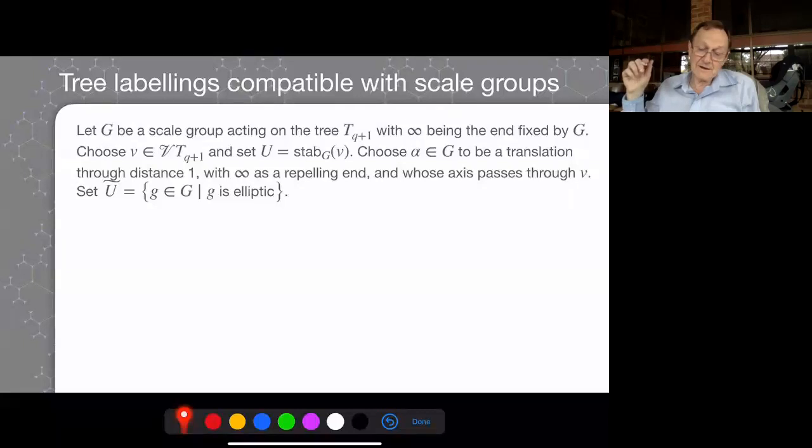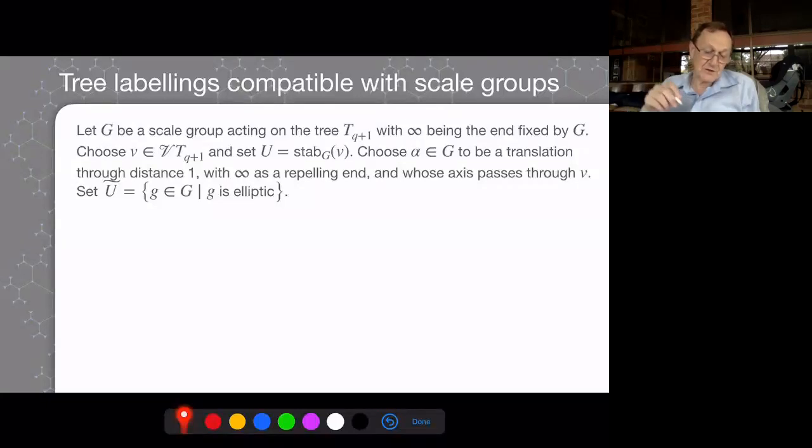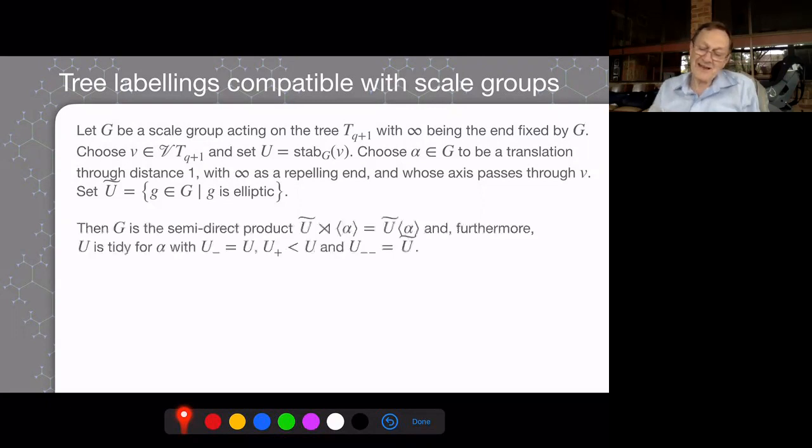So here is how we do it. We suppose now we just have some scale group acting on the tree, and infinity is an end fixed by the group.